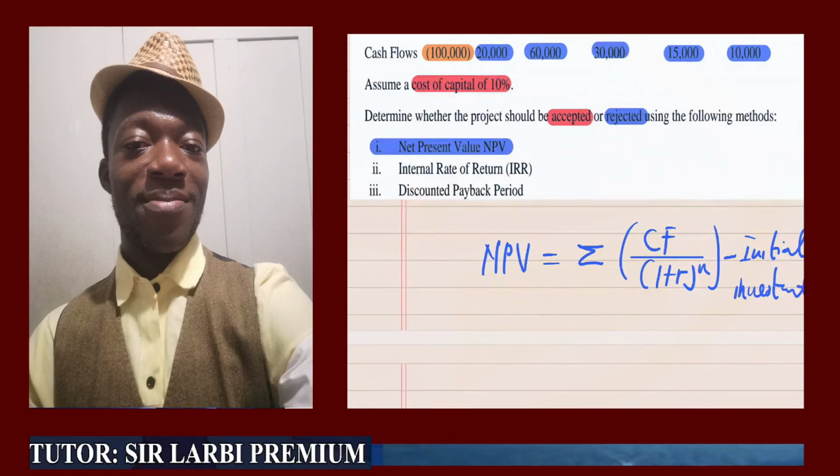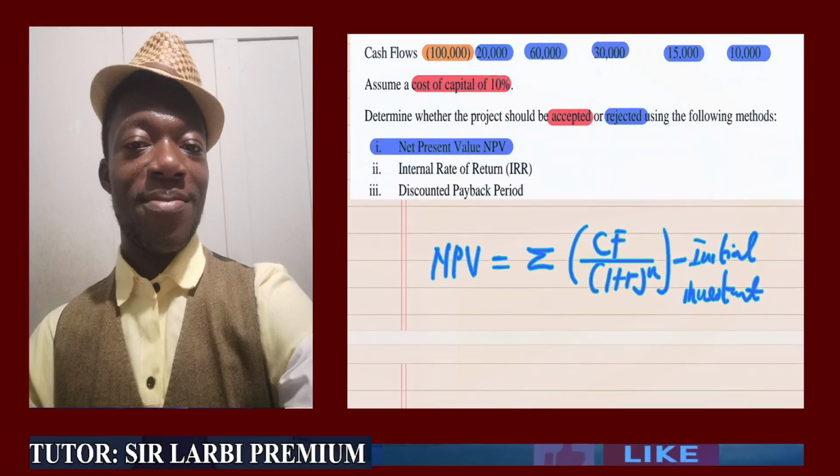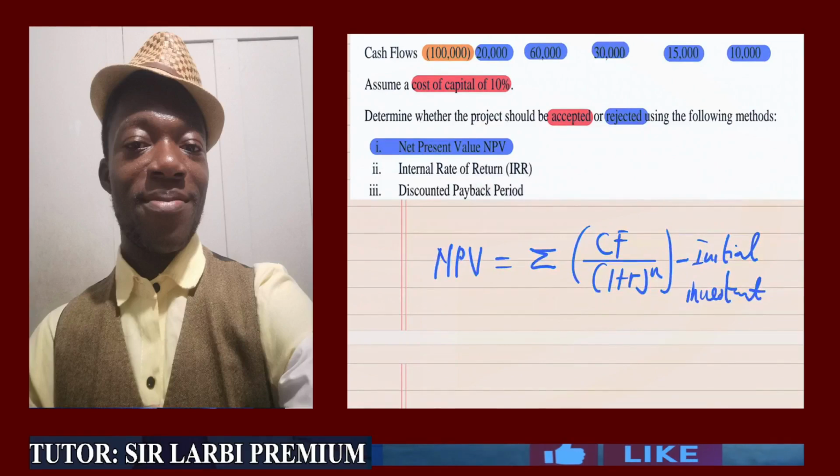This is how we calculate the net present value: the summation of the discounted future cash flows compared with the total initial investment, which in this case was 100,000.